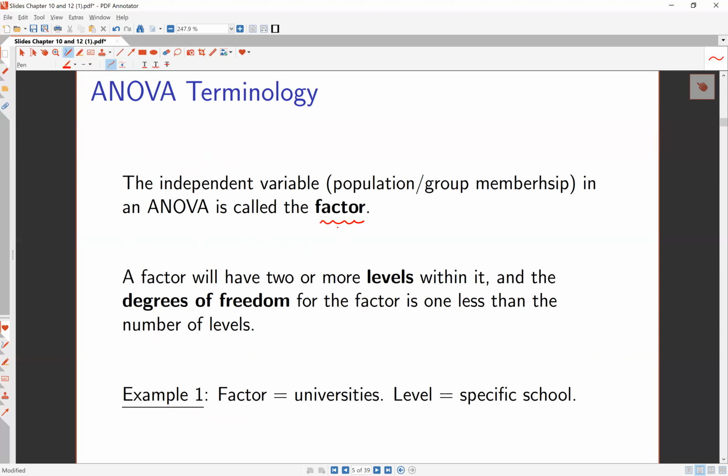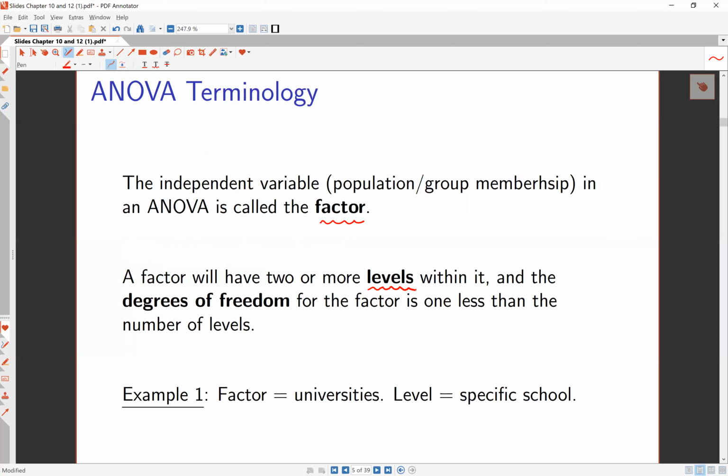So if you hear factor, that refers to the collection of different populations or the collection of groups that exist. Whereas if we're trying to refer to a specific population or a specific group in the collection of groups, then we'll talk about a level. So each factor has two or more levels.